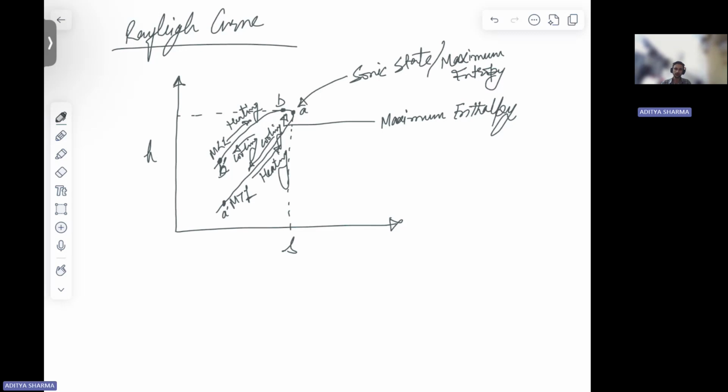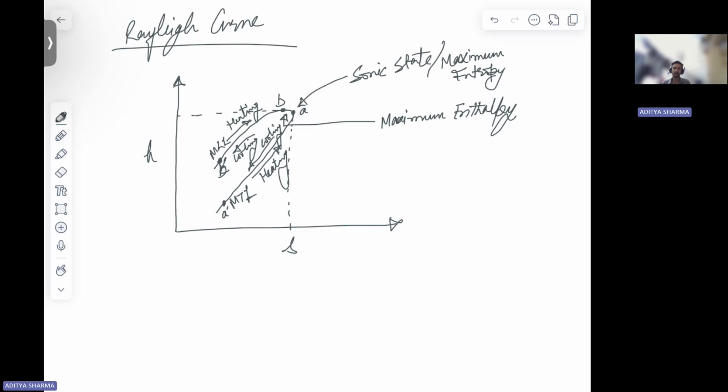And the opposite is the case with supersonic flow, in terms of direction. From A dash to A, it will move with heating, so its Mach number is going to decrease with the addition of heat.